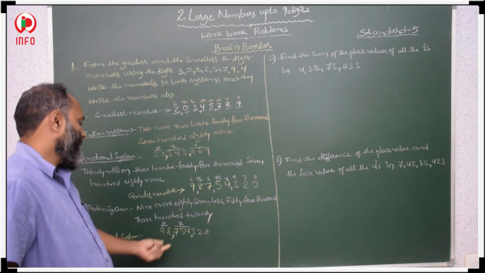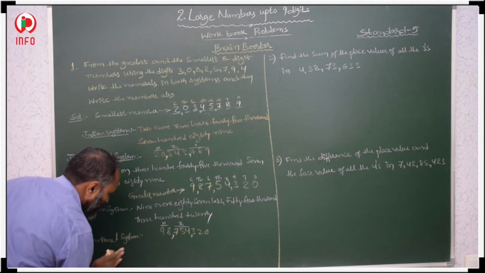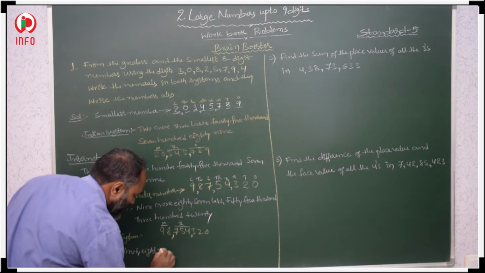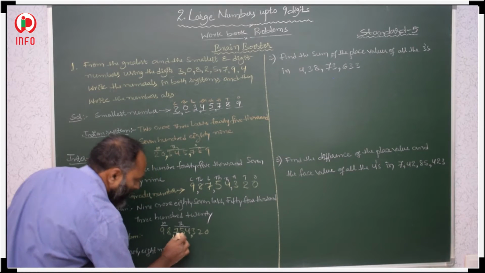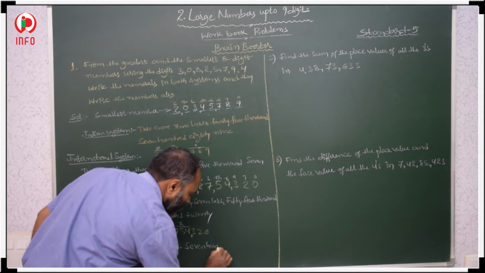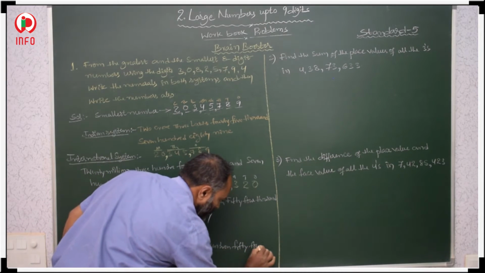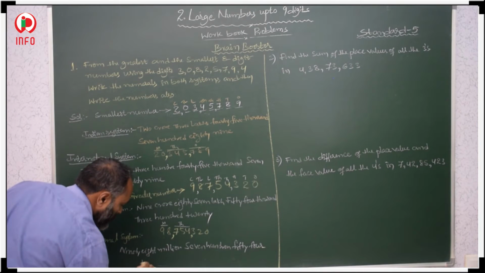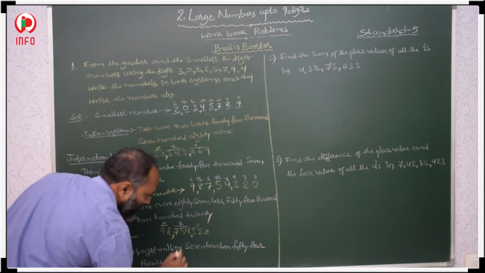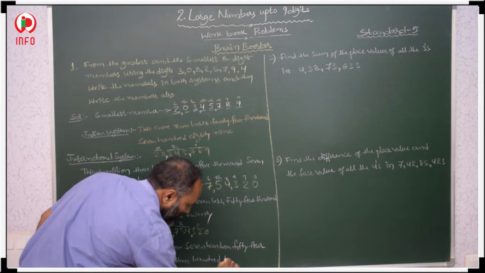Now 98 million, 754 thousand, 320. This is the ones period.